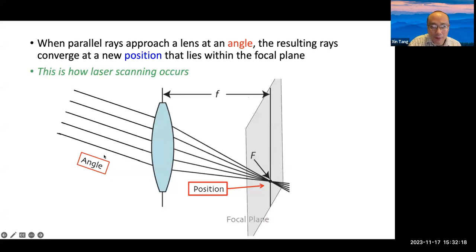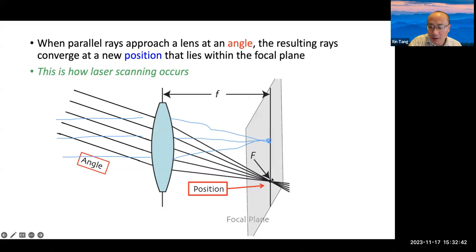If you have your incoming light parallel, going horizontally this way, then they will be able to illuminate the cells that are also in the center of your field of view.